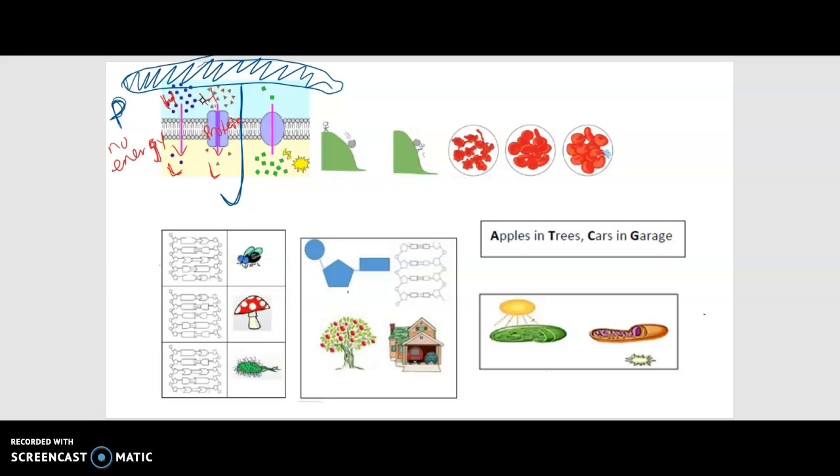So we have diffusion on the left, facilitated diffusion in the middle. The right side is representing our active side, okay, because you're going from an area of low concentration across the membrane to an area of high concentration. And this is our ATP, represent our energy. So this is going to be our protein pump.